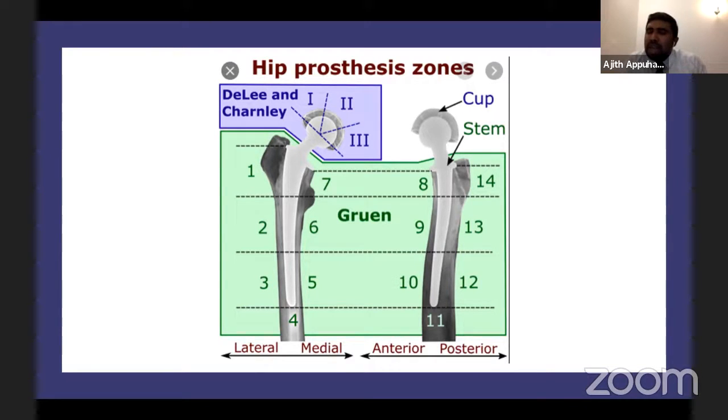Sometimes they will ask that kind of tricky question, where that sclerotic line is more dominant, and how do you say this is loosening or could be age-related bone expansion? So if you know how to differentiate using this sclerotic line, I think that's an important fact.